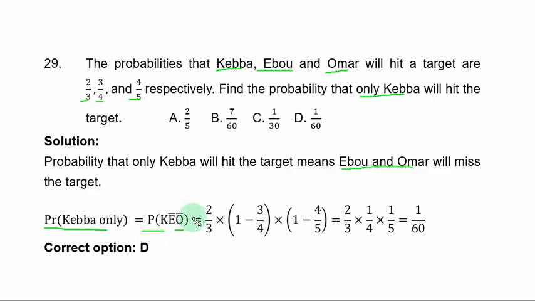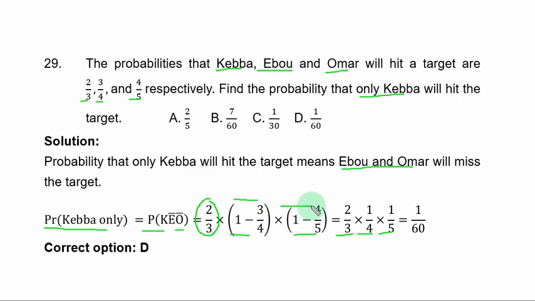Keba hitting it is 2/3 times, I've already explained this. Ebwe missing is 1 minus Ebwe hitting it, times Oma missing is 1 minus Oma hitting it. So you have 2/3 times 1/4 times 1/5 when you simplify the two brackets.